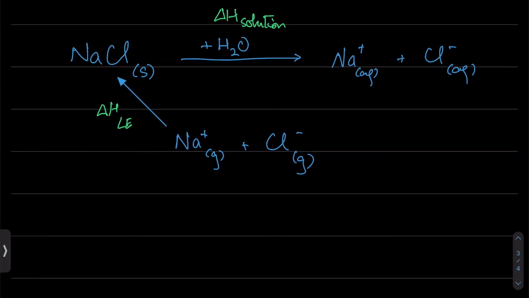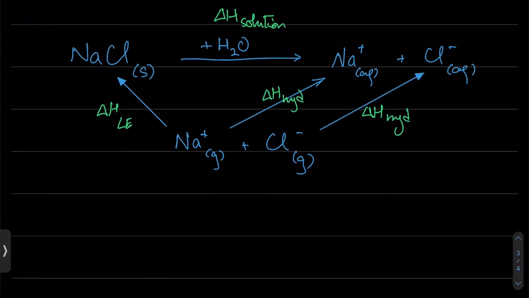And what is delta H hydration, the enthalpy of hydration? It is this same sodium ion dissolving to make sodium ion solution, and this chloride ion dissolving to make chloride solution. So this is delta H hydration of both of them.